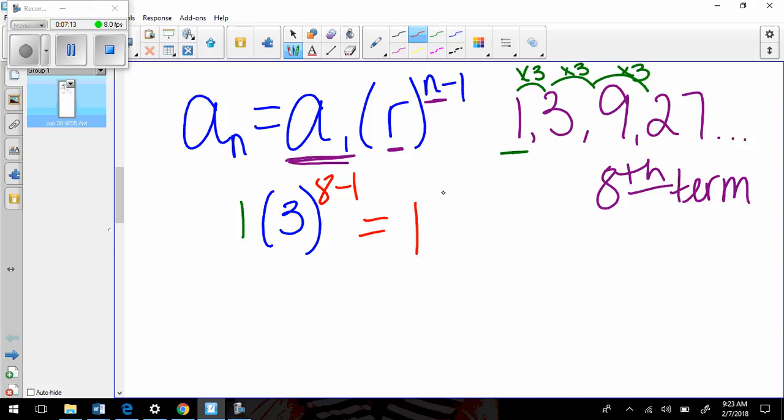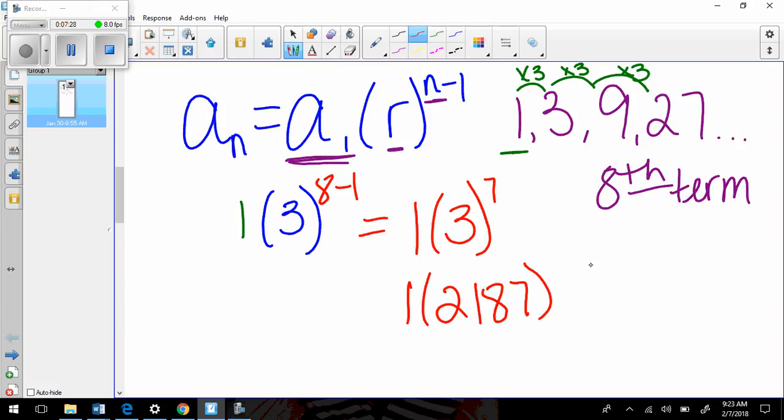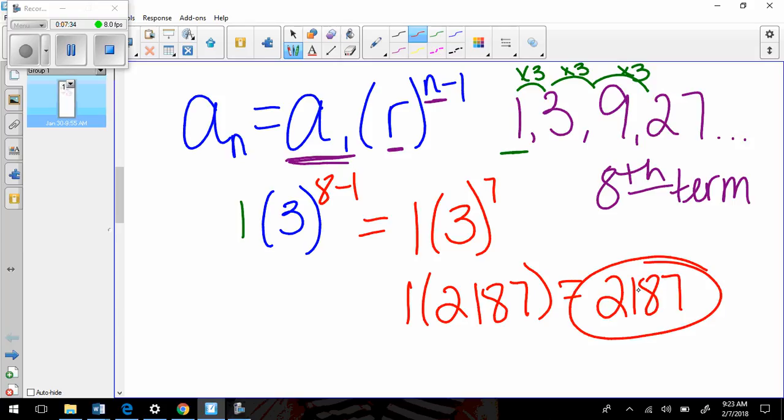So I'm going to have 1 times 3 to the 7th. 3 to the 7th power is 2,187. Multiply that by 1, and it is 2,187. So the 8th term for this sequence would be 2,187.